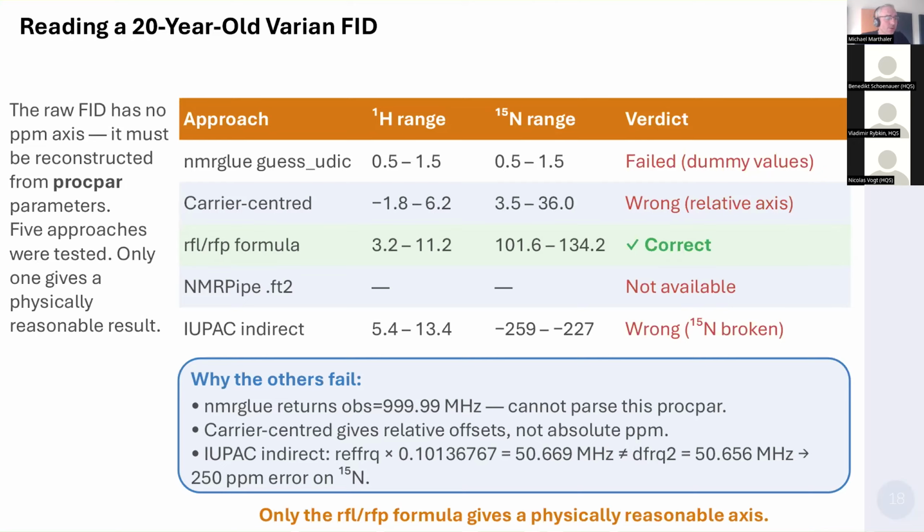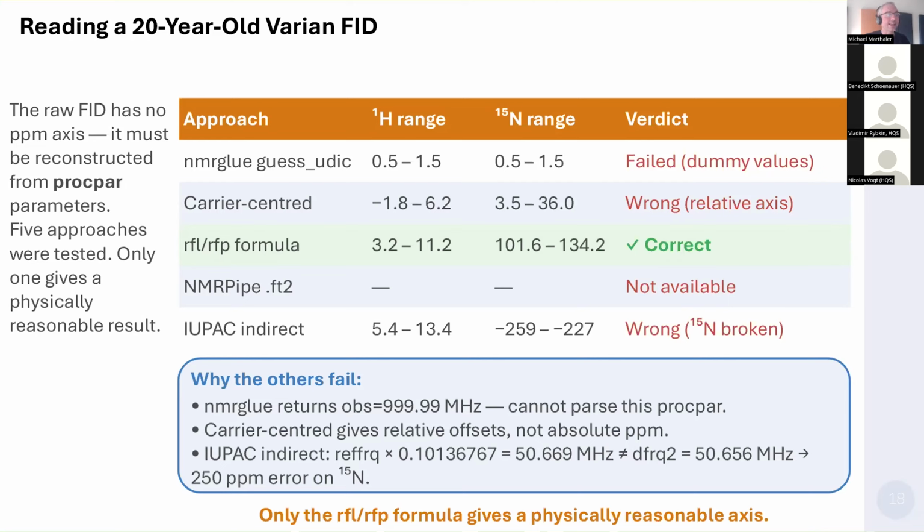And what I showed you initially was an approach where you use a carrier-centered approach. Carrier-centered means you have an input frequency, and then you say, okay, I have a certain range of my spectrum.